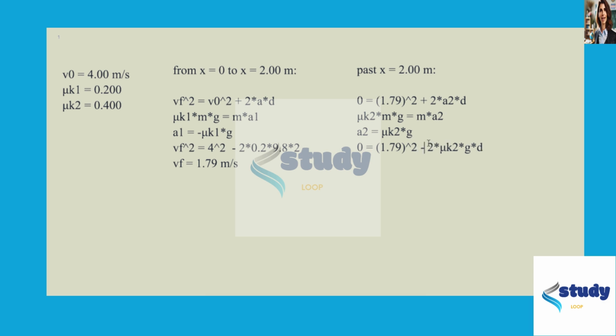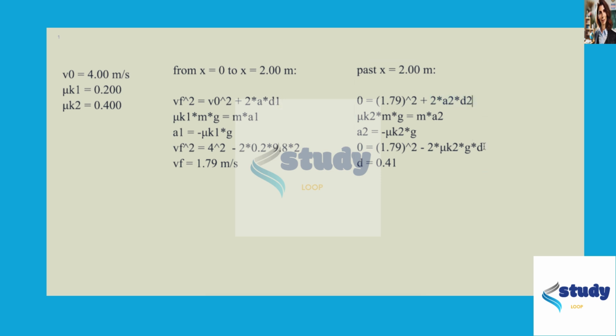Oh, and again, this is going to be negative because we're decelerating here. So we can just rearrange and solve this. And when we rearrange and solve this, we should find that this distance is equal to 0.41.